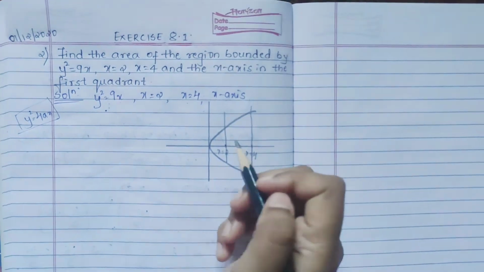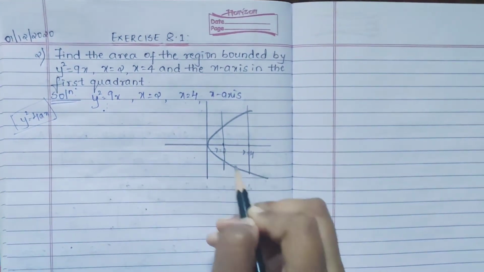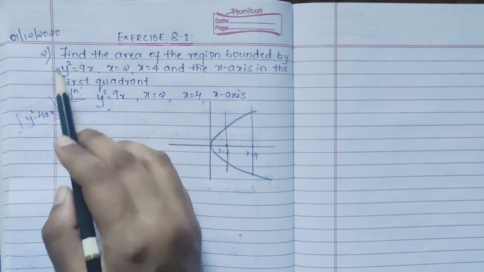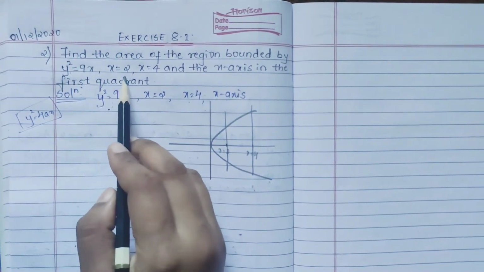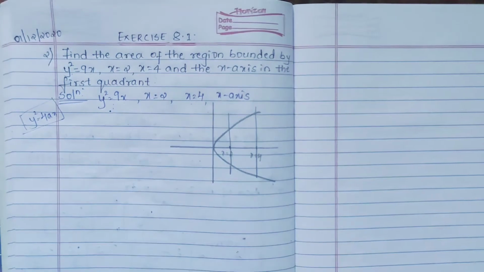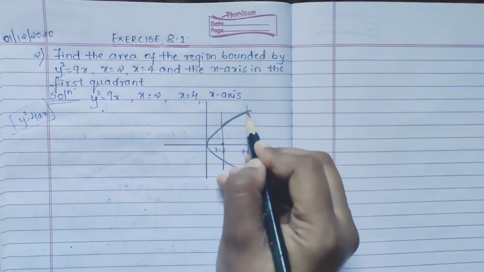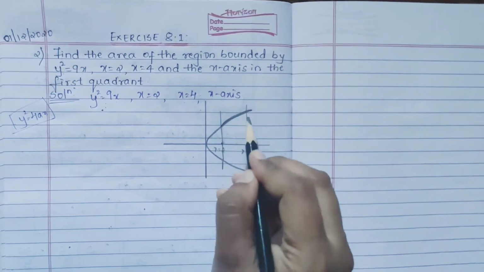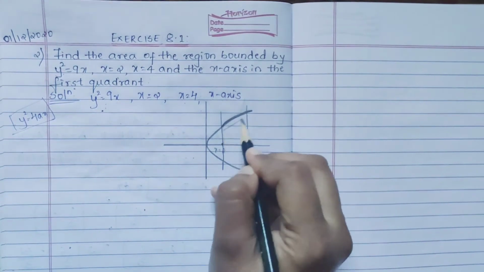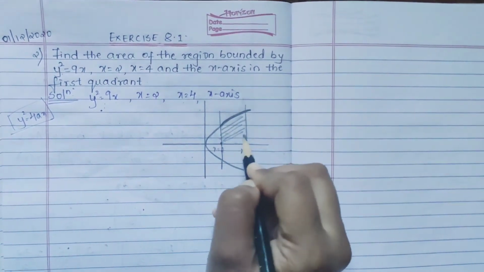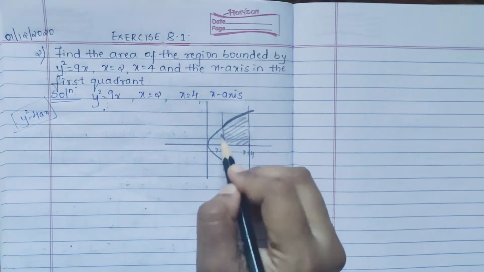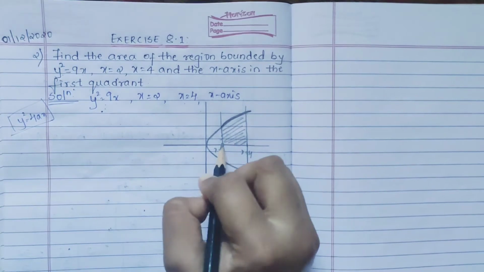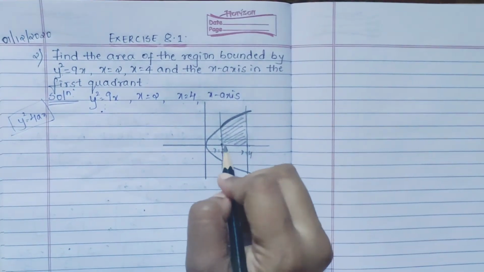Now what they are telling: find the area of the region bounded by y square is equal to 9x, which is a parabola, x is equal to 2, x is equal to 4 and the x axis. Which means this region you have to find the area of, bounded by your parabola, by x is equal to 4 and your x axis.